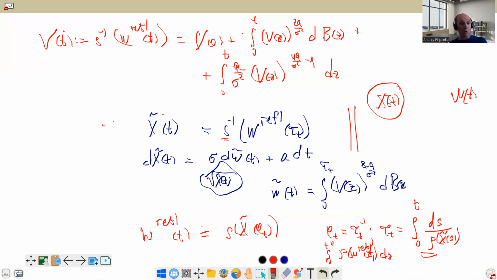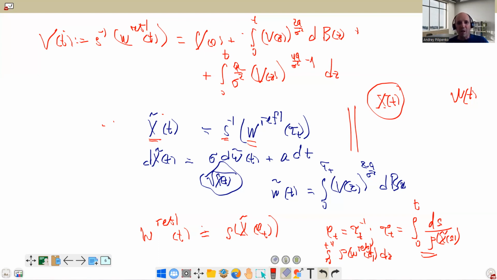And you know the properties of a reflected Brownian motion and of its local time. So the process x with tilde and the process x, they have the same distribution. They also have a local time, and we will represent the local time of this process in terms of the local time of this reflected Brownian motion.